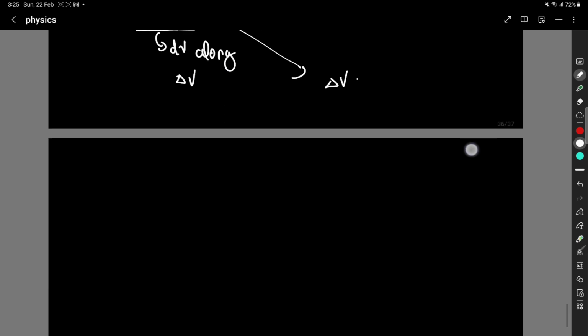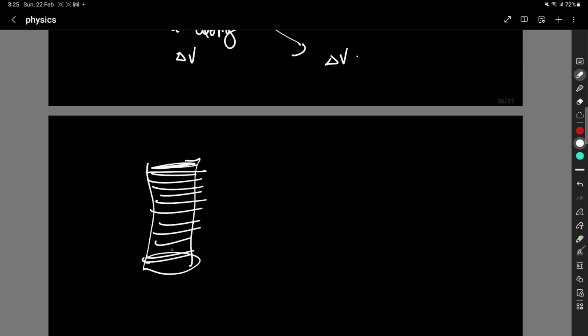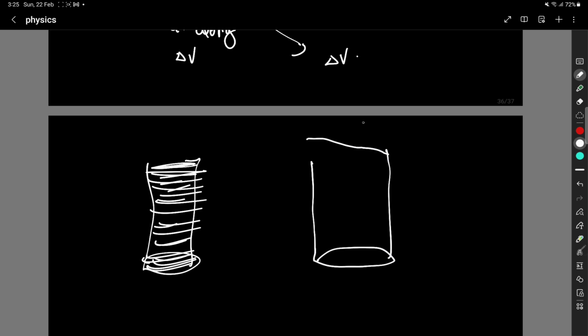Think of it this way. Let's say you have a big cup, and you have to fill it with milk. Now, you can pour it properly, or you can waste some and pour the milk from, let's say, a tumbler and then pour it like this.